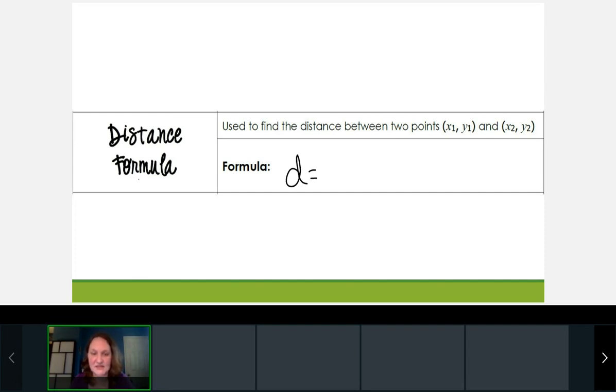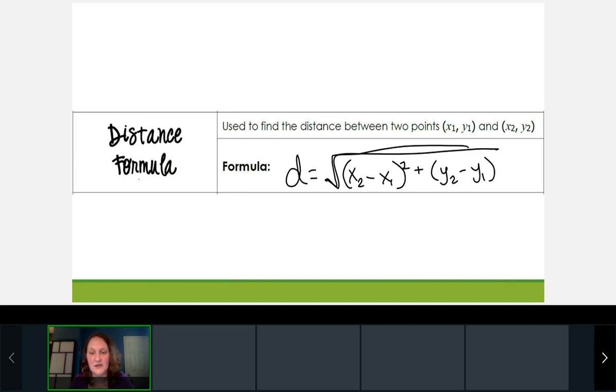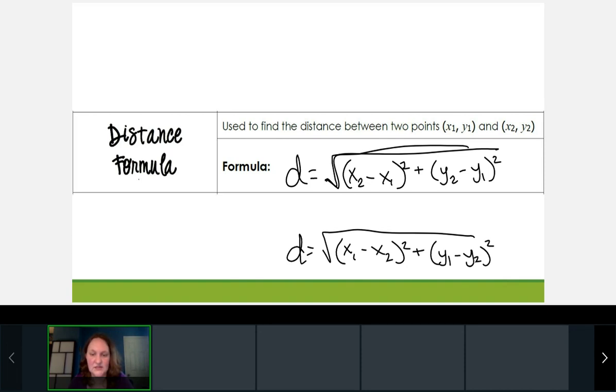So the distance is the square root of x2 minus x1 squared plus y2 minus y1 squared. Or some people write it the other way: x1 minus x2 squared plus y1 minus y2 squared. Either one, it doesn't matter.